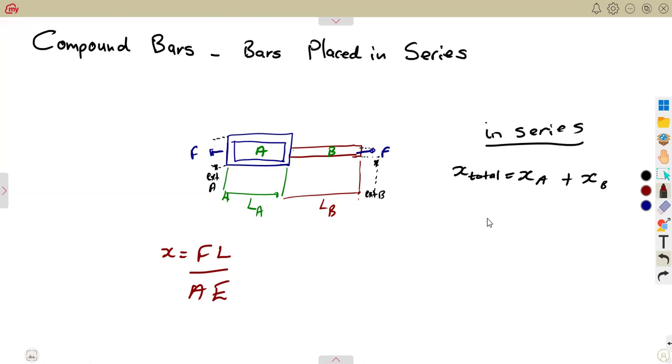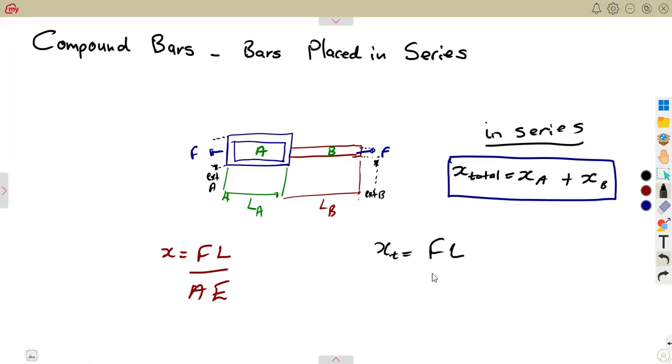With this formula, we can make adjustments to say therefore X total is going to be XA, which means FL over AE at A, plus that at B. The change in length at A plus the change in length at B. That is what it means.